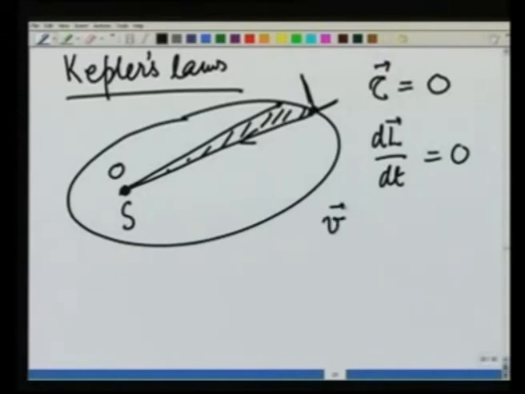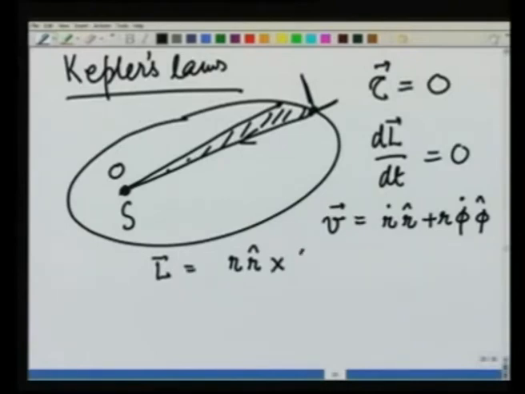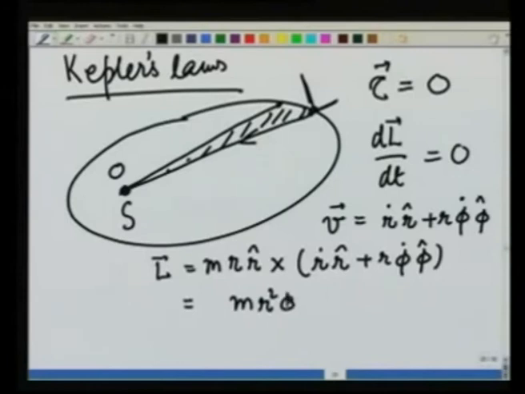So velocity in general is r dot r-hat plus r phi dot in phi-hat direction, and therefore angular momentum is r cross v. v is r dot r-hat plus r phi dot phi-hat times m, which is equal to, r cross r is 0, m r square phi dot in z direction. m is a given mass for a given particle, r and phi dot keep changing, z is a fixed vector.